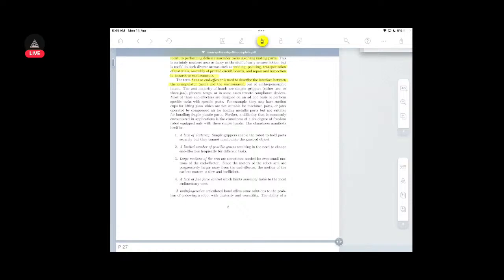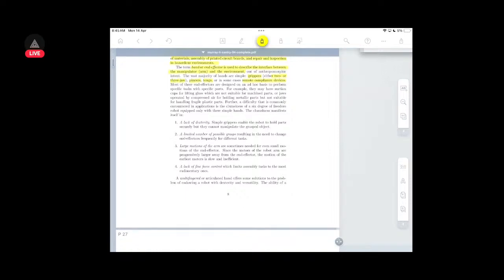Out of anthropomorphic intent, the vast majority of hands are simple. You can have grippers, pincers, tongs, or in some cases remote compliance devices. The grippers can have 2 or 3 jaws, pincers 3 fingers, and tongs 2. They are designed on an ad hoc basis for specific tasks.